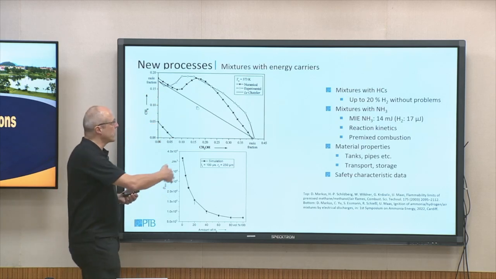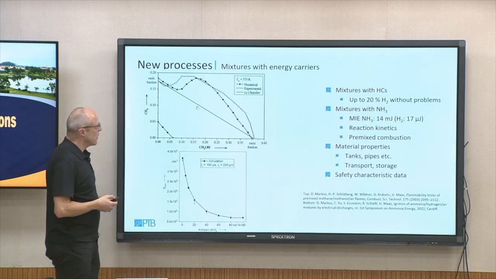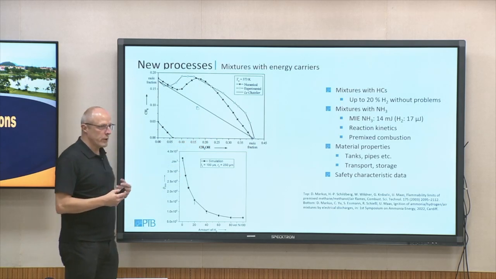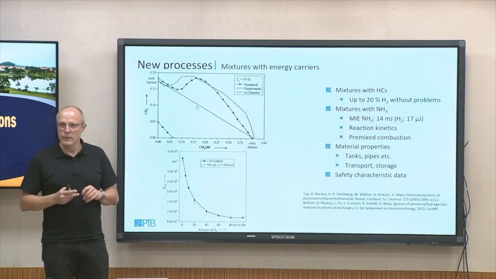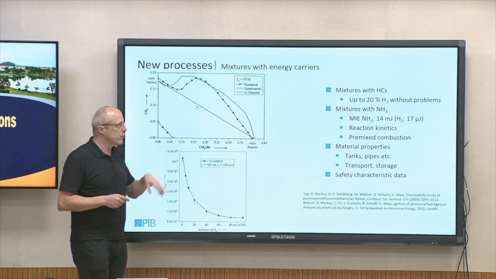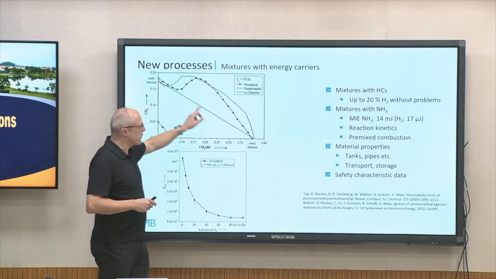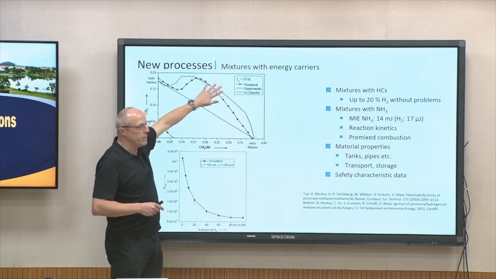You see a broadening of the explosive area here, and this is due to the fact that we have, of course, combustion kinetics here which are dominant. So the simple assumption that we have a constant flame temperature along the flammability limit does not work here. Here we have a methanol flame.